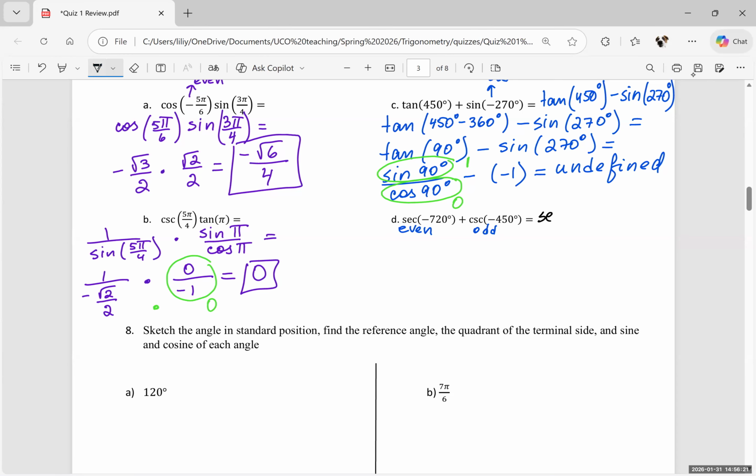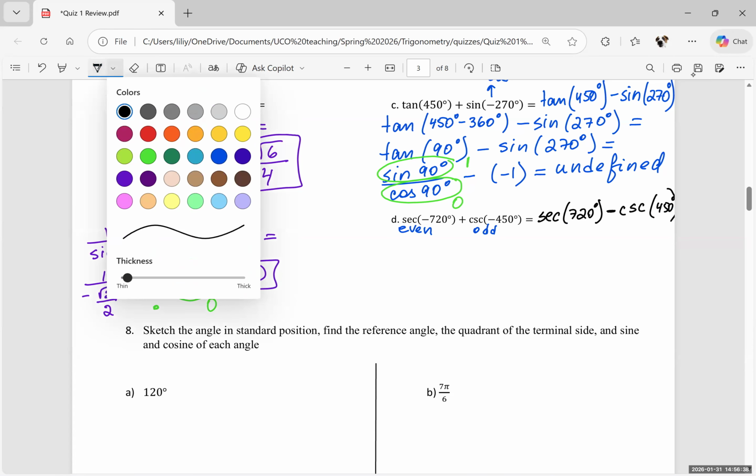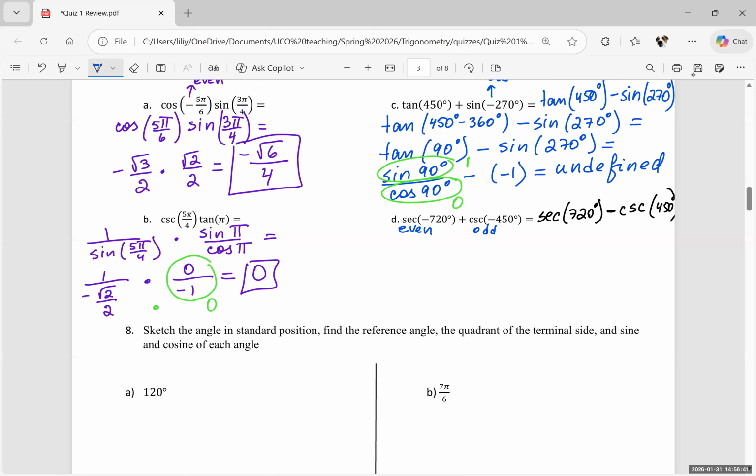This is just the same as secant of 720. Cosecant, though, because it's odd, that negative is going to come in before the function. Now let's change into the coterminal angles.